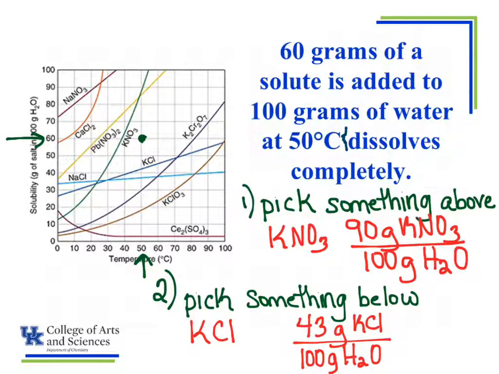So if this substance were KCl, it would not all dissolve, and that contradicts the description, because it says it dissolves completely. That means we can eliminate KCl, and we can also eliminate any substance below the dot, because none of those have a high enough solubility to dissolve 60 grams at that temperature.